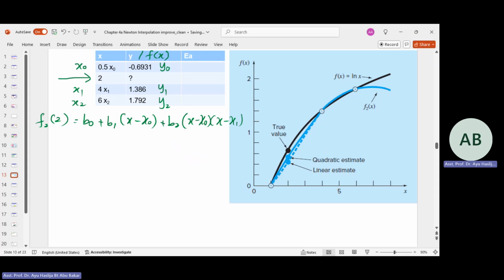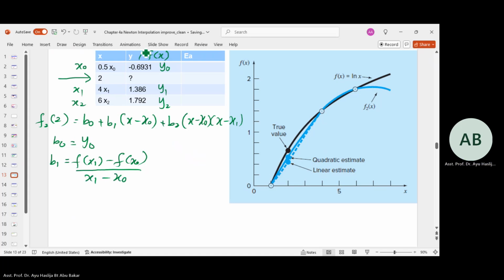Okay, so B0 we already get from y0, fx0. Now you need to find B1. B1 is fx1 minus fx0 over x1 minus x0. So here it will be between these two values.